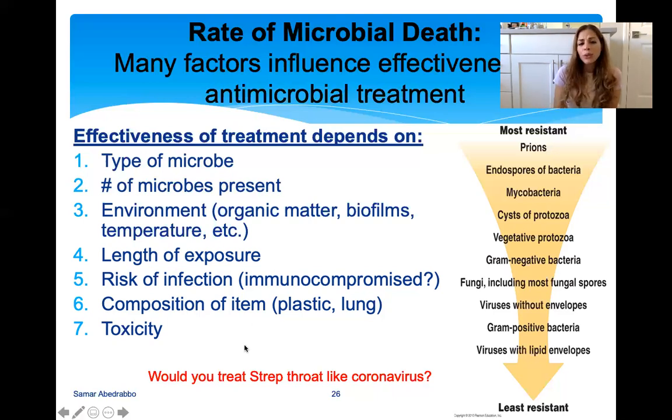And so whenever you're creating a treatment to control microbial growth, you want to think about all of these things before you see how effective your treatment would be. If you're a company working on strep throat and creating a treatment for strep throat, you're not going to treat it like coronavirus.